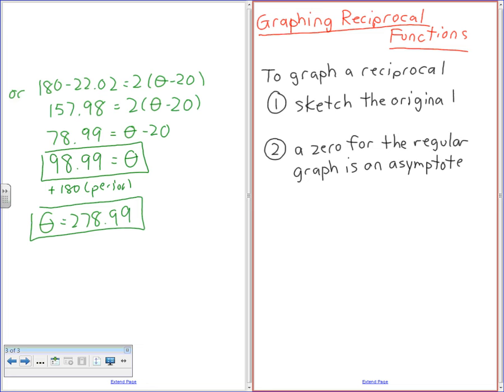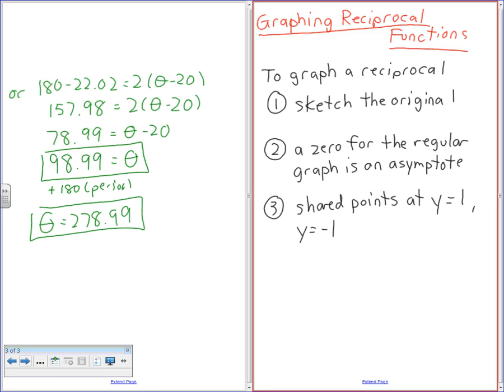Okay. So we're going to say when the original graph is at 1, we're going to say shared points at y equals 1 and y equals -1. The reason for that is when y equals 1, 1 over 1, that's the reciprocal, is still equal to 1. When y equals -1, that's 1 over -1, which is still -1.